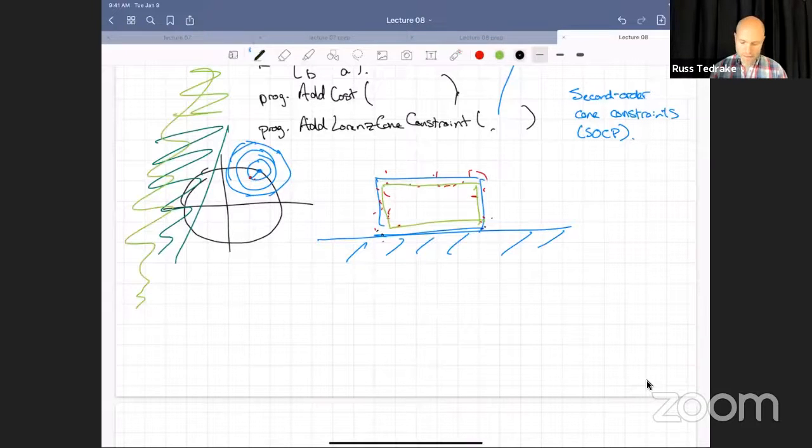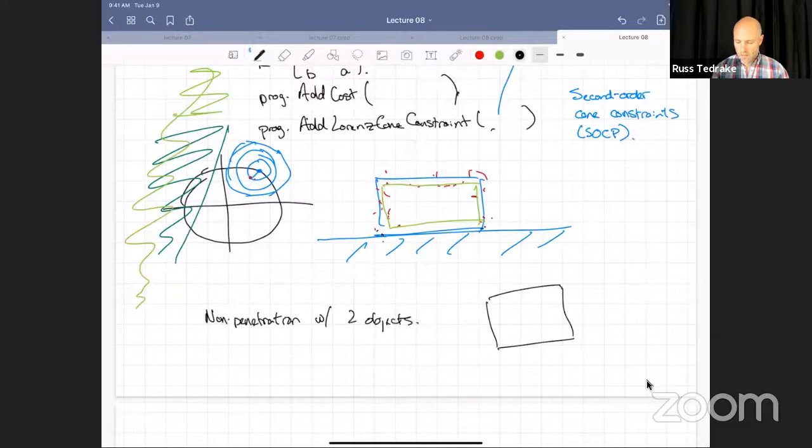If I have multiple objects in the scene, for instance, I could try to fit two objects at the same time if I wanted to, or I could just have another object that I know exactly where it is, and I want to avoid that.